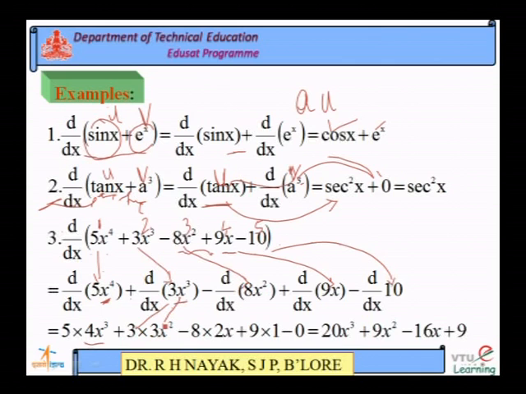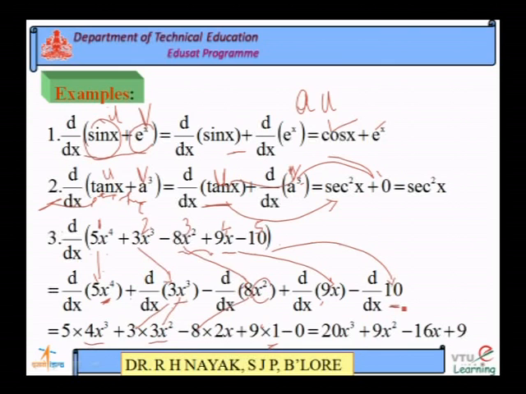Differentiation of x cube is what? N into x to the power of n minus 1, that is 3x square, minus 8 is constant, 8 is kept as it is. Differentiation of x square is what? It is 2x, plus 9 is kept as it is. Differentiation of x is 1.